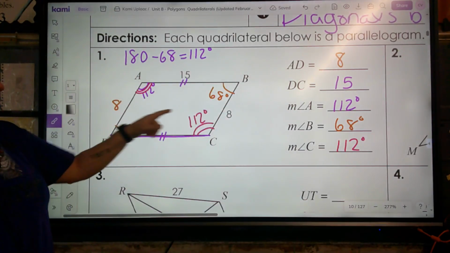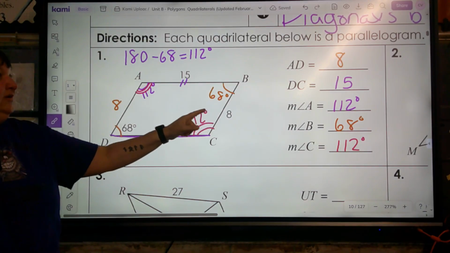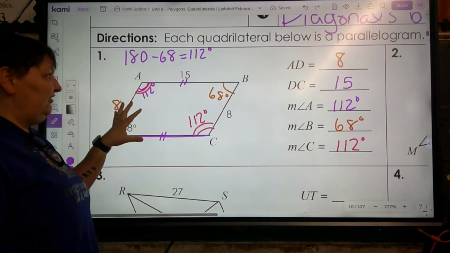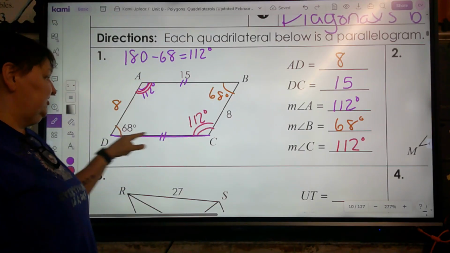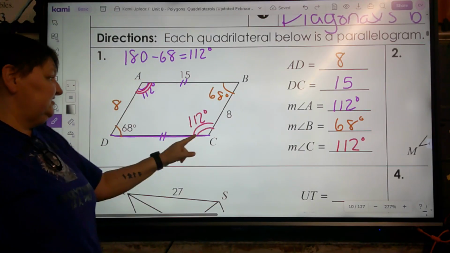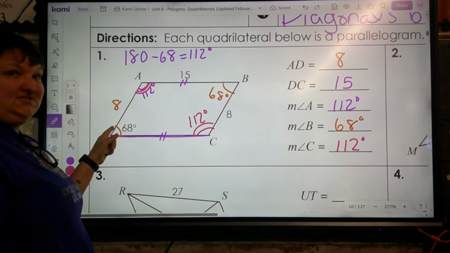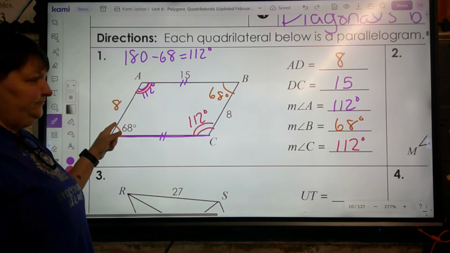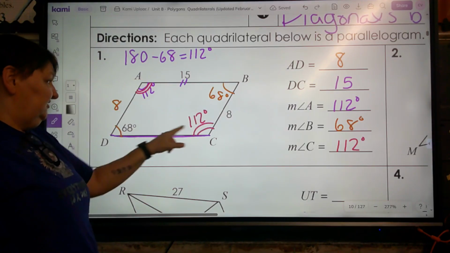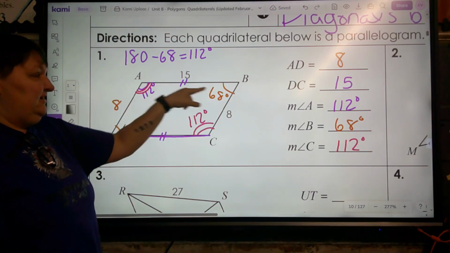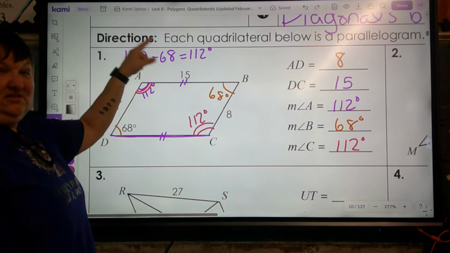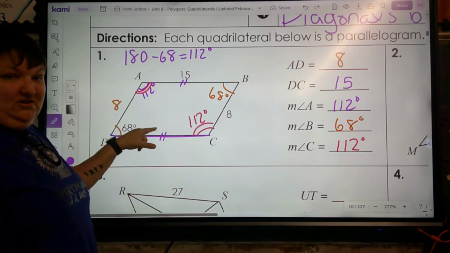So you use the information they give you and the fact that it's a parallelogram, meaning opposite sides are congruent, opposite angles are congruent, and that together these two angles have to equal 180. All the information we just got up there is being used.